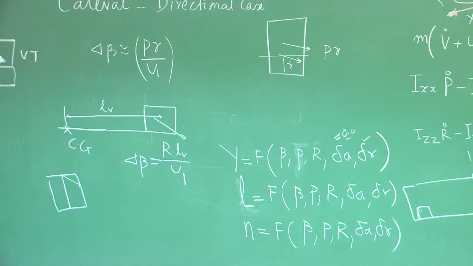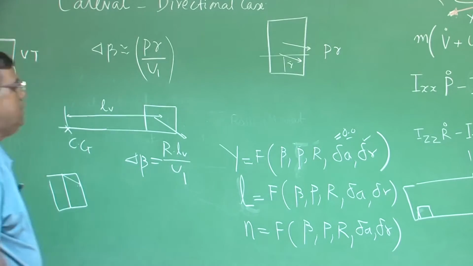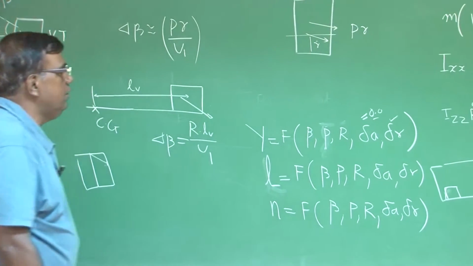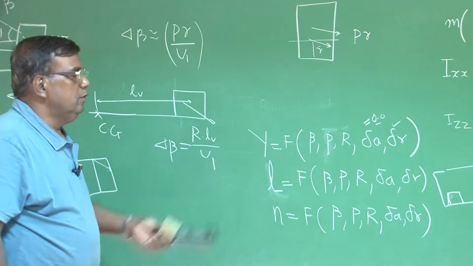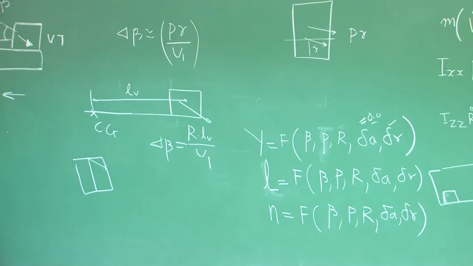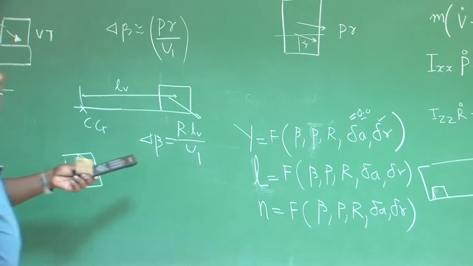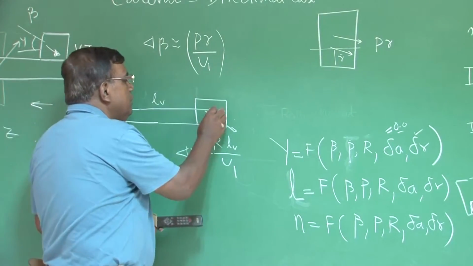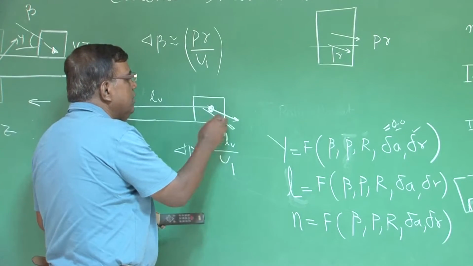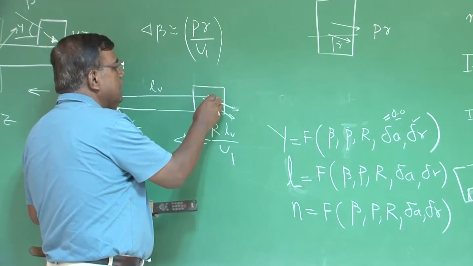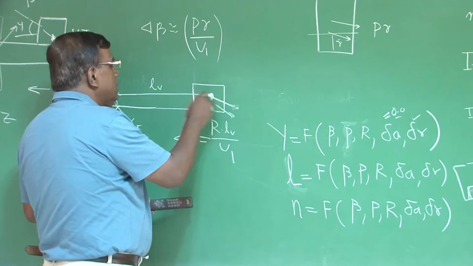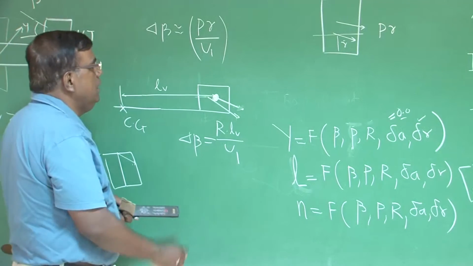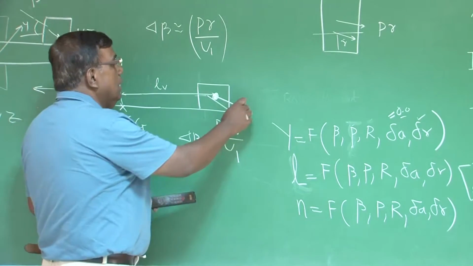Now, you could see this rolling moment and yawing moment are because of this side force y primarily. If there is a force, there will be a rolling moment, there will be a yawing moment. For example, if central pressure of force is acting at this point, then this force into this Lv distance will be the yawing moment contribution. This is y.